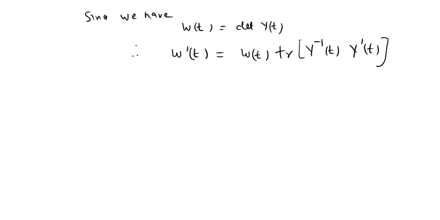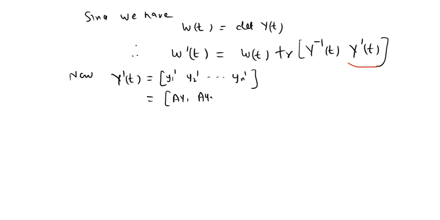Now we just need to compute this derivative. What is Y'(t)? Differentiate every solution: y1', y2', yn', and as we did earlier they are A y1, A y2, A yn. So this is just A times Y.